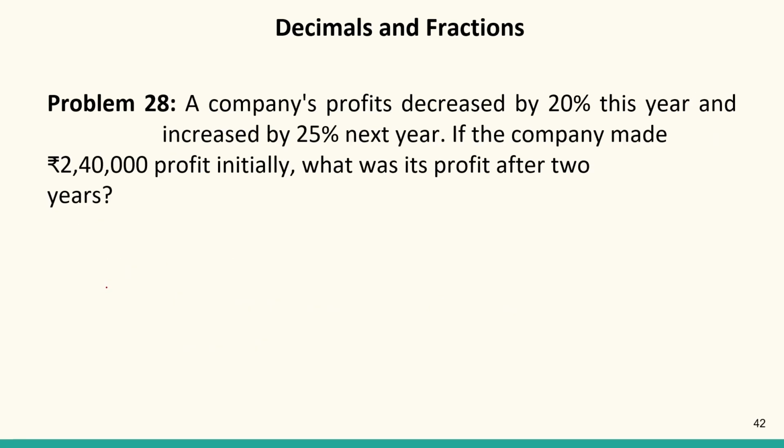For problem number 28, a company's profits decreased by 20% this year and increased by 20% next year. If the company made a 2,40,000 profit initially, what was its profit after 2 years?